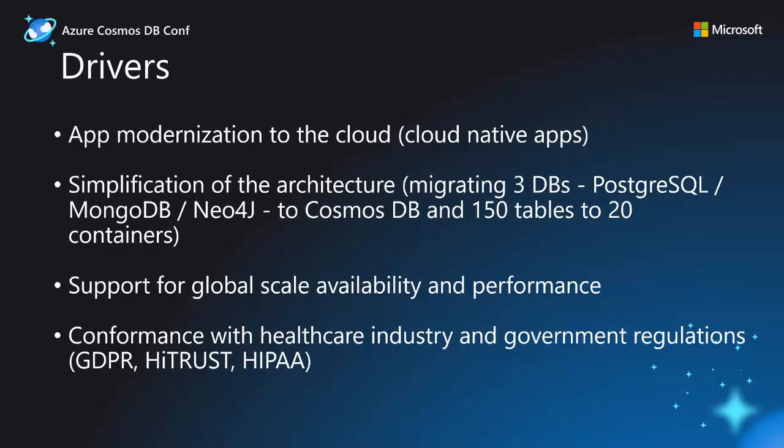So in total we have 150 tables in PostgreSQL, which we migrate to just about 20 containers. This simplification is very important in order to have the same operational capabilities, because Postgres, Mongo, and Neo4j have different operations and different maintenance. Here with Cosmos, you have one account which you manage the same way, with the same monitoring, let's say, or the same operations.